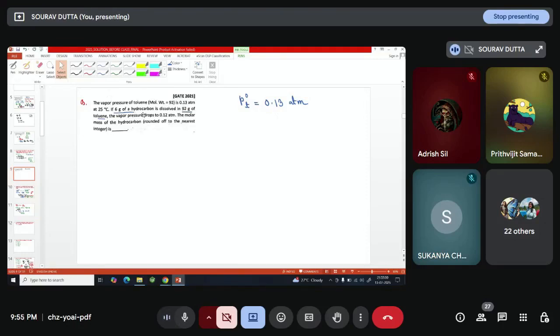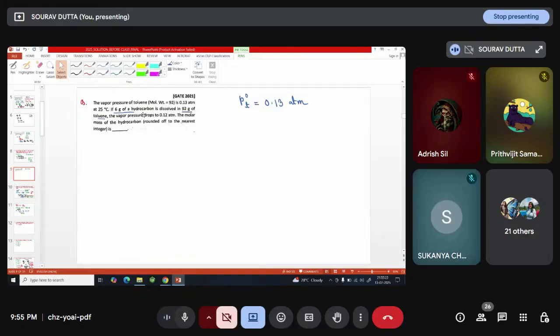At first you have to know why, when you add a solute like hydrocarbon in a particular solvent, the vapor pressure is reduced. This concept is known as lowering of vapor pressure.